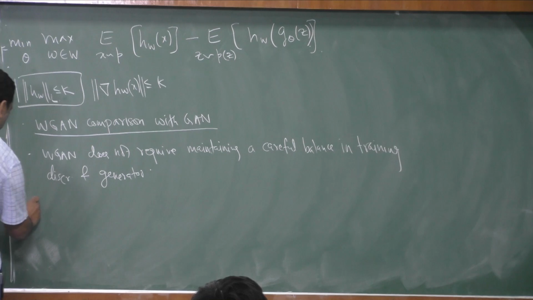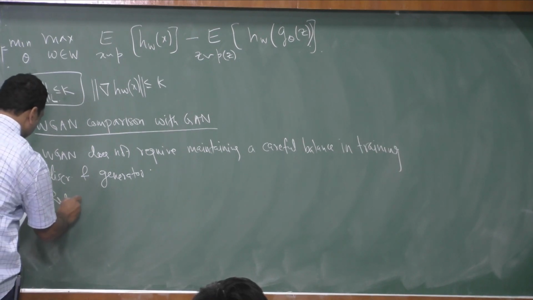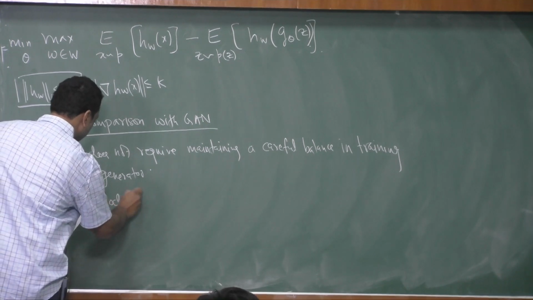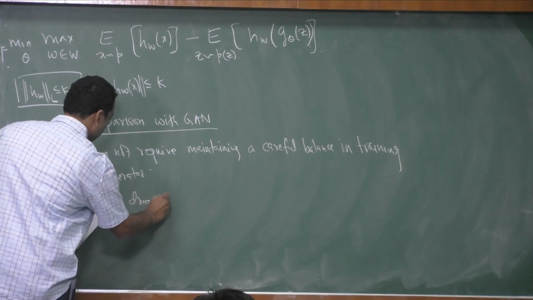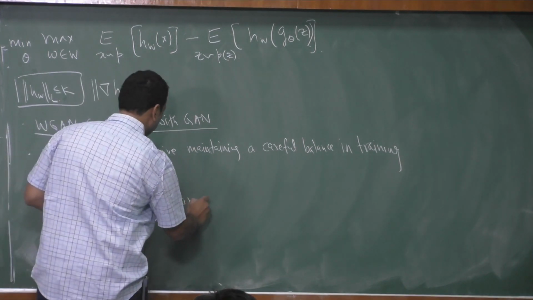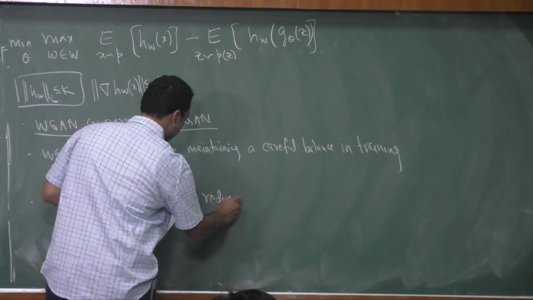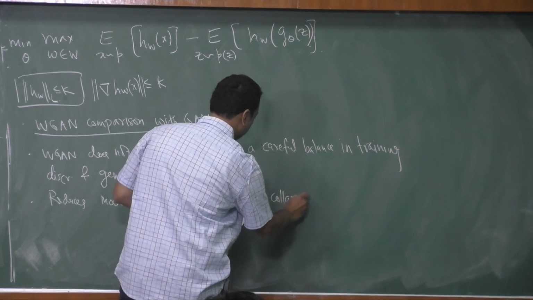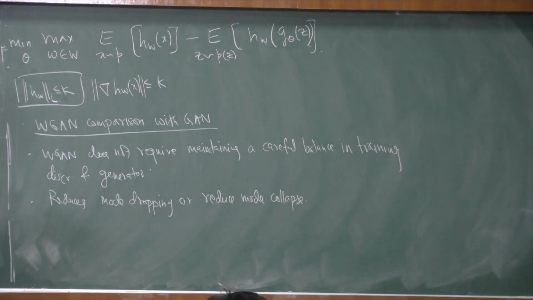and WGAN reduces mode dropping, or we can say reduces mode collapse. That's an improvement over GAN. These are things that are usually very hard to prove.